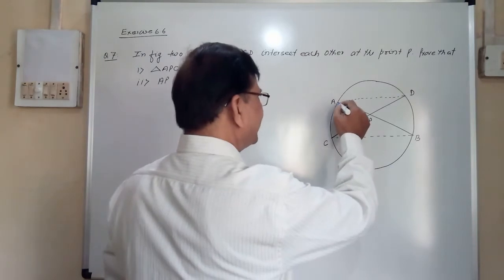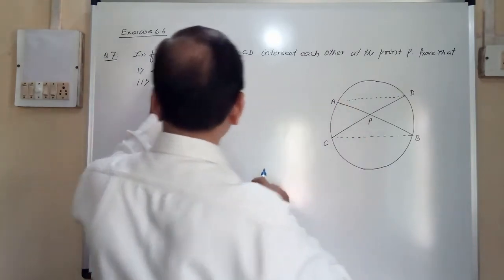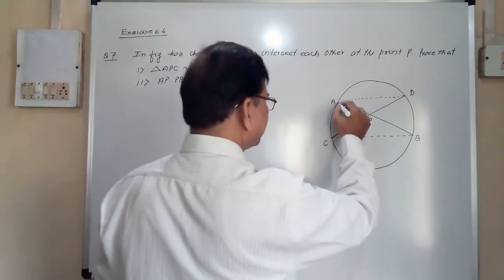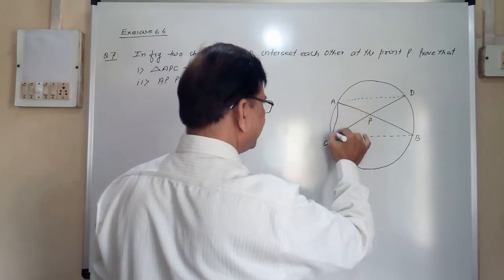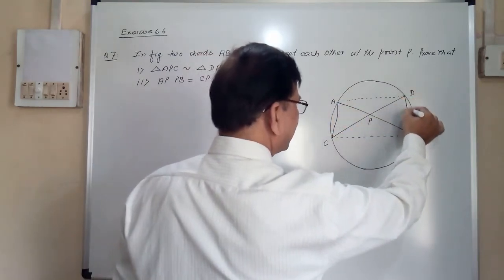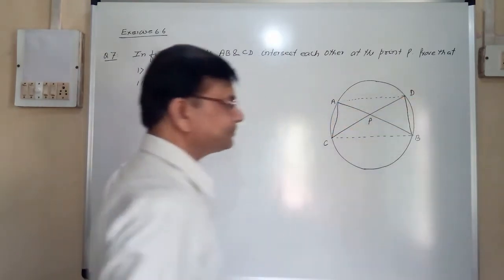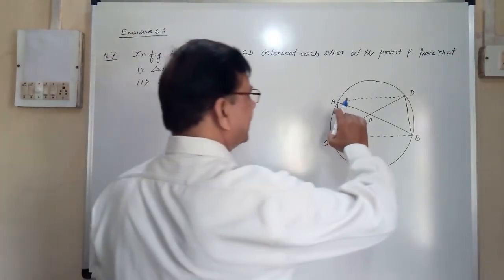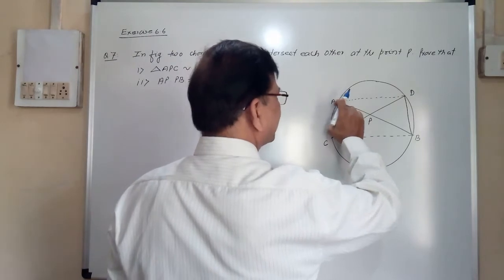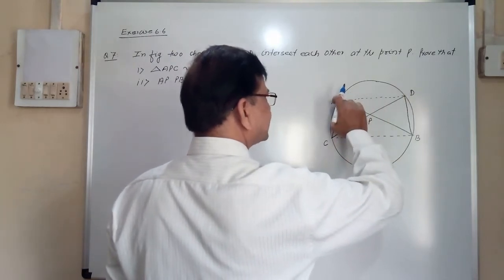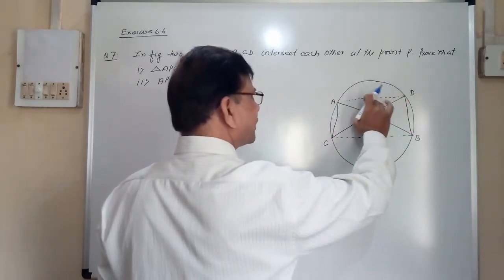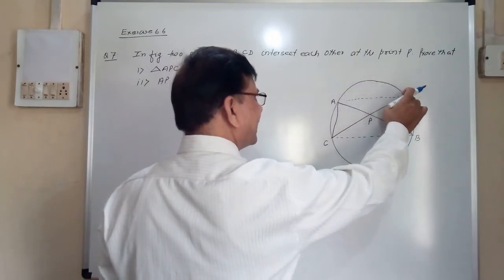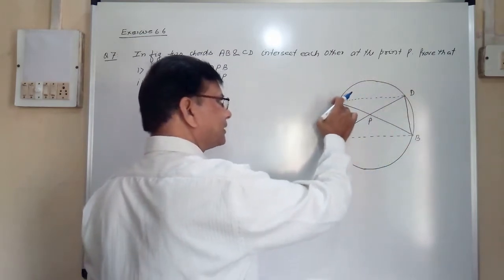Now I will join this because it has to be APC. Two triangles are there. So I will join this as well as this. Here, suppose this arc, because this is the chord and this arc is made by this chord, this small arc, and this is the big arc.